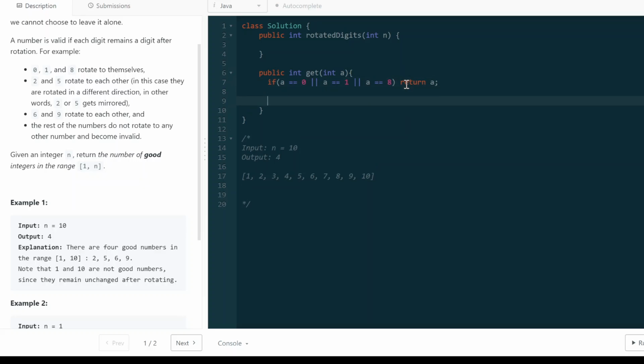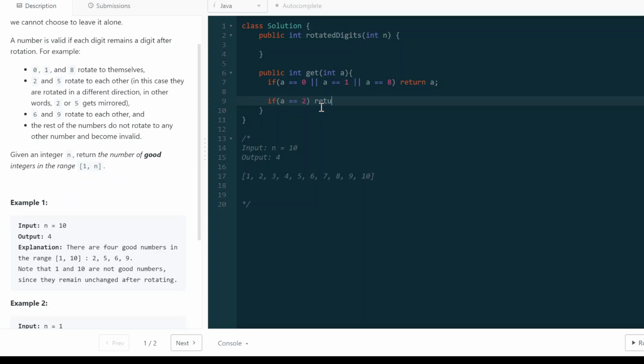No, that's fine. If a equals 2, it gets mirrored, right? They are rotated in a different direction, so they will become mirrored.